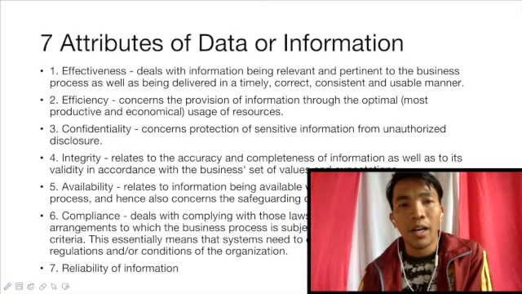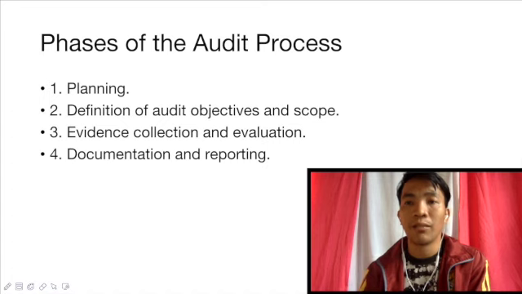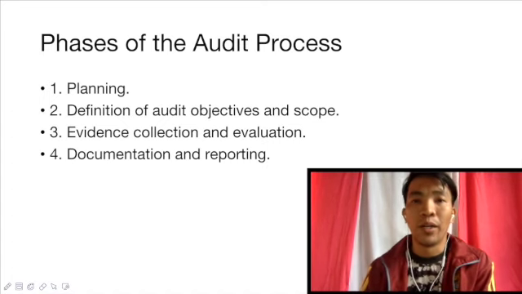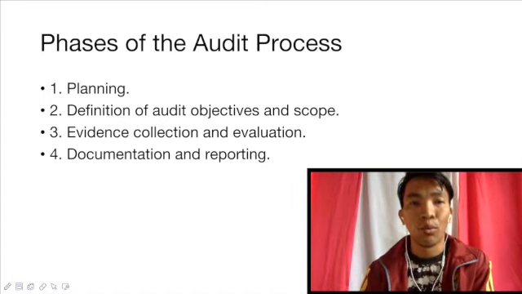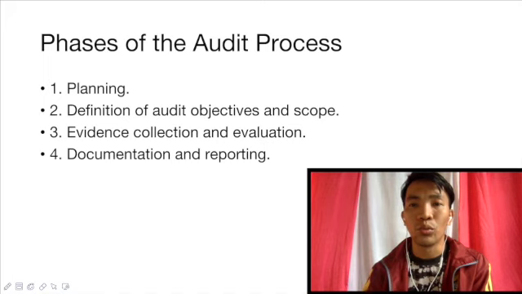Now, there are four phases of the audit processes that have been detailed out by ISACA or the UNDP report. Normally, we follow this when we do the systems development life cycle.